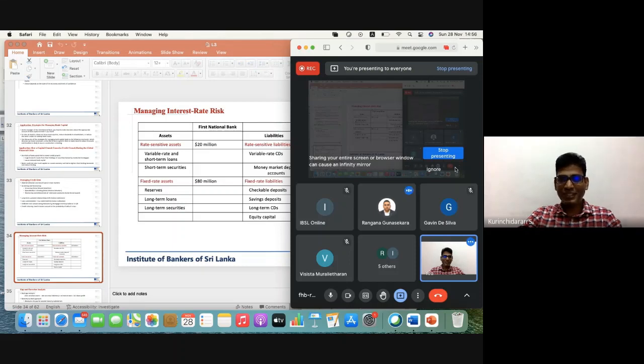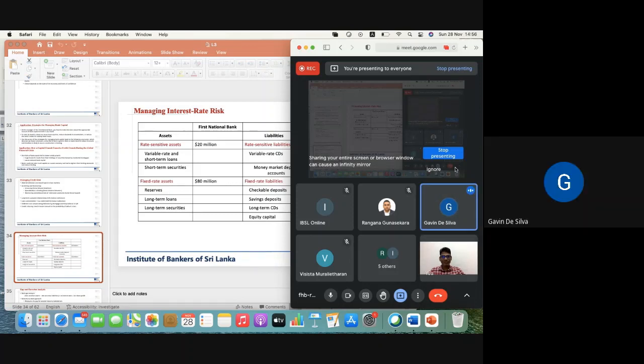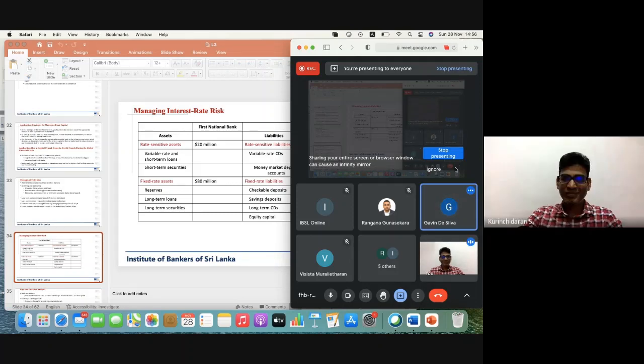Okay, let's see from others. Gavin, what do you think? You like positive gap or negative gap? Which one is better? I'm not exactly sure. I don't know.